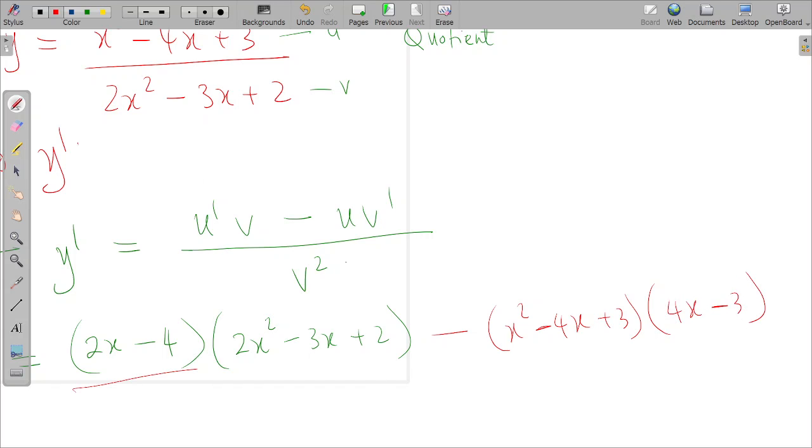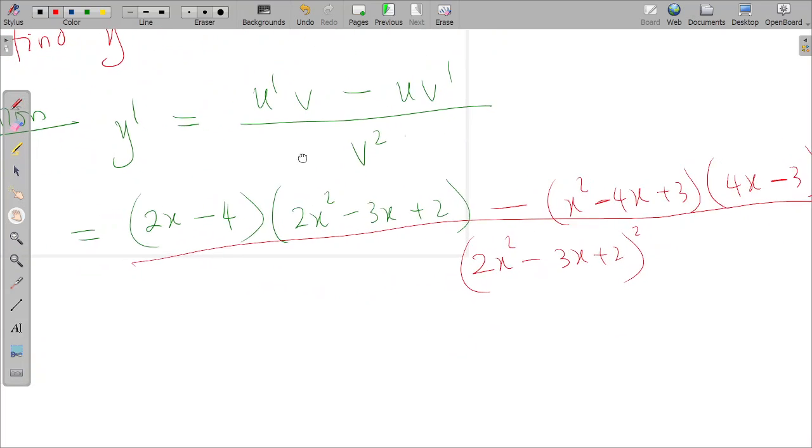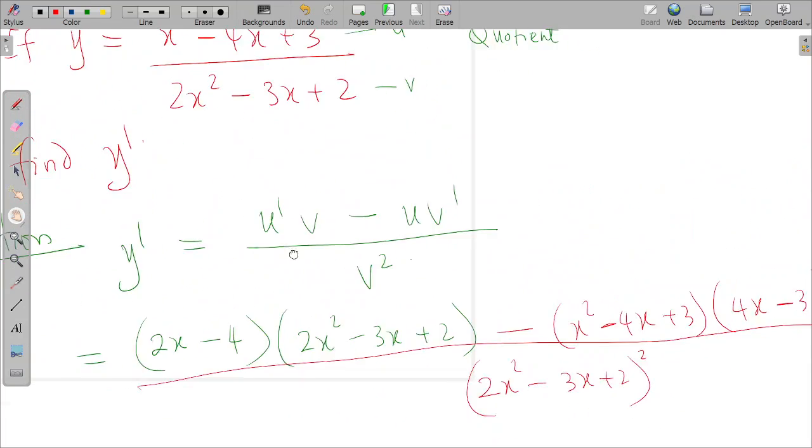Then we put everything over the denominator squared. That is our derivative of y.